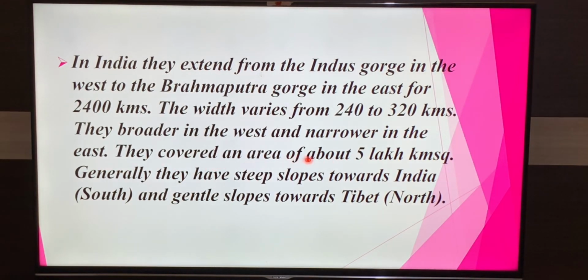They cover an area of about 5 lakh square kilometers, and they are steep towards India, that is the south side, whereas towards the north they have a gentle slope.